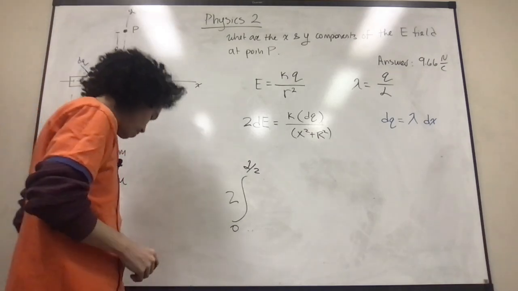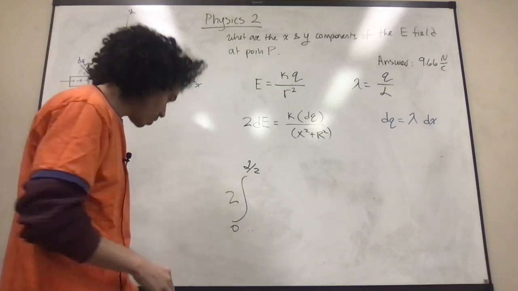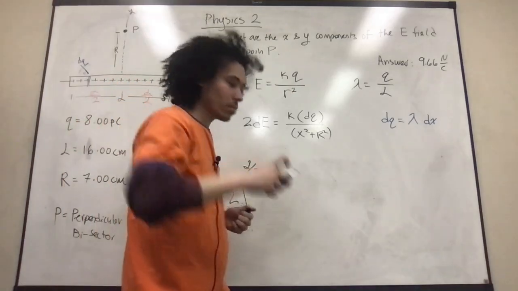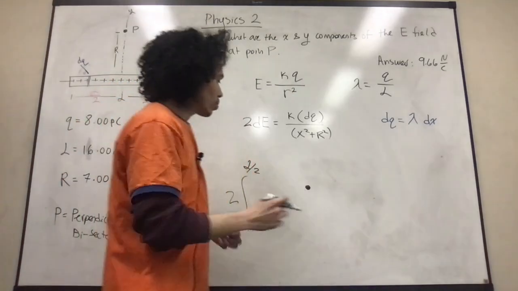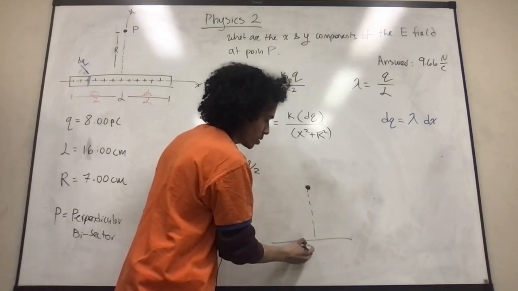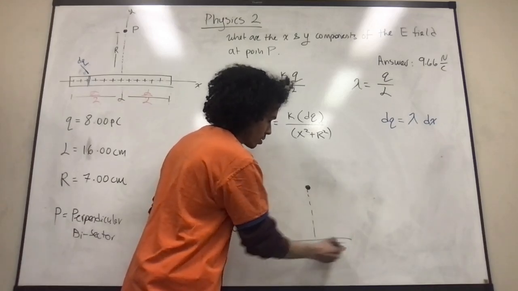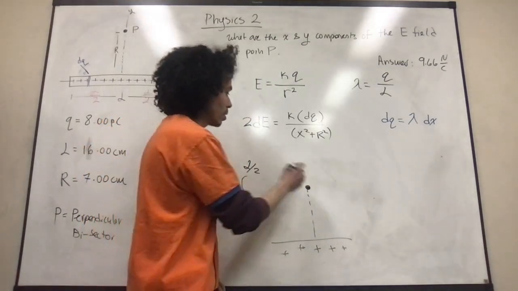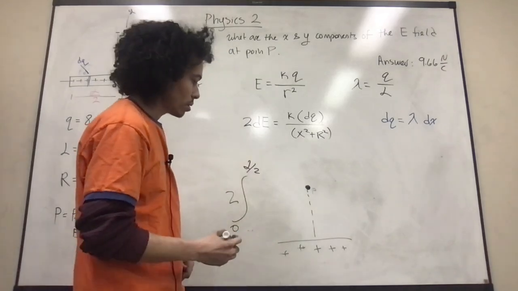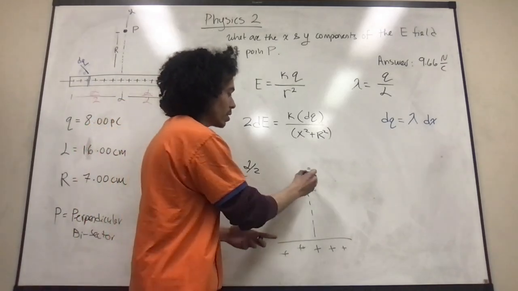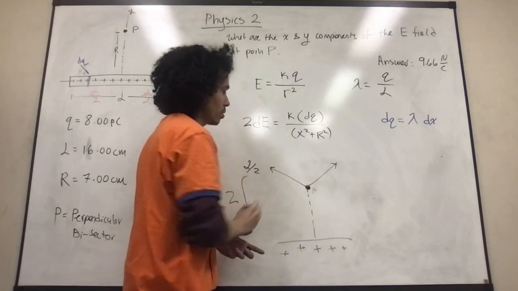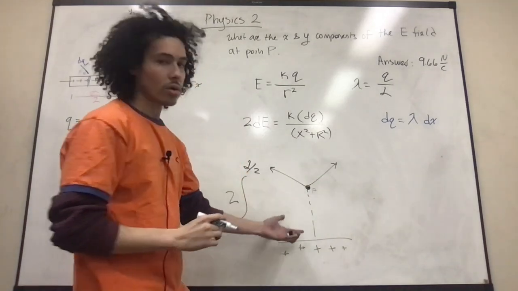Also, we can say that, here we go, perpendicular bisector, this is a rod, positive charges. As we do the integration, we're going to end up with infinitely many vectors pointing away from our charged rod.